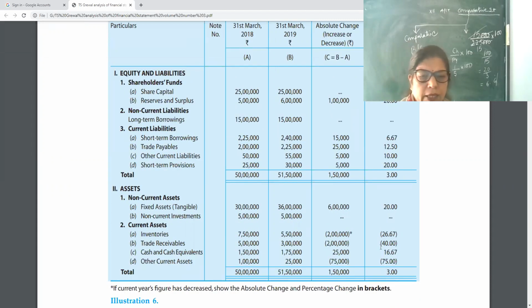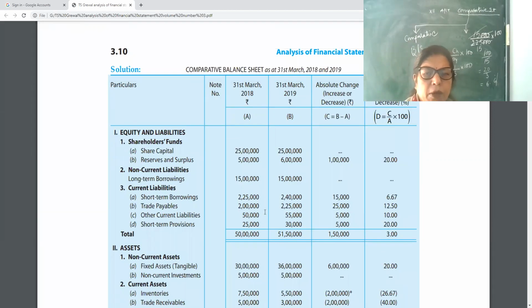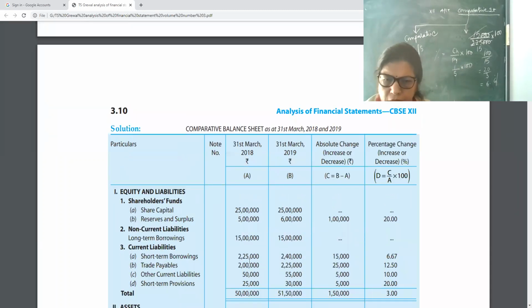Okay, note down. The same way you are making the balance sheet, you will make it the same way, but only 2 columns will increase. One is change, increase or decrease. Another is percentage change, increase or decrease.